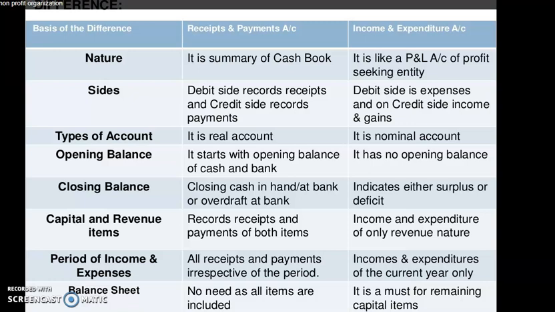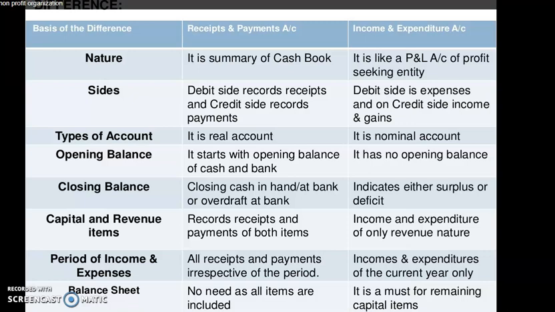On the basis of side, the receipts and payments account debit side records receipts, credit side records payments. In the income and expenditure account, the debit side is expenses and the credit side, income and gains.